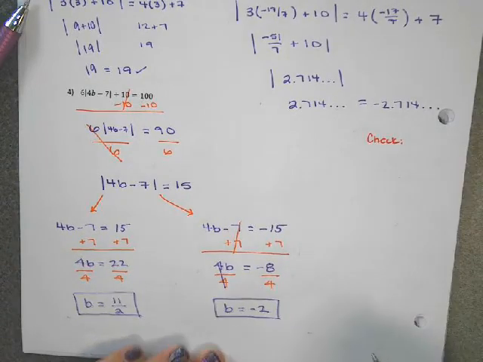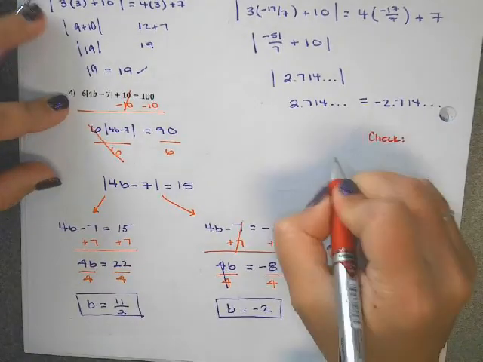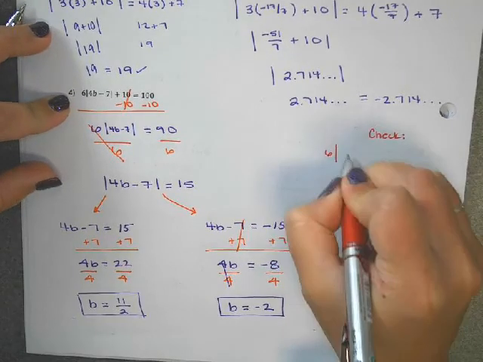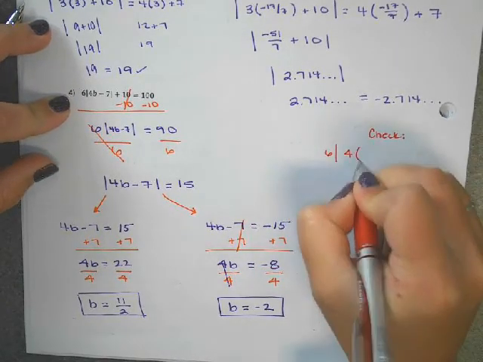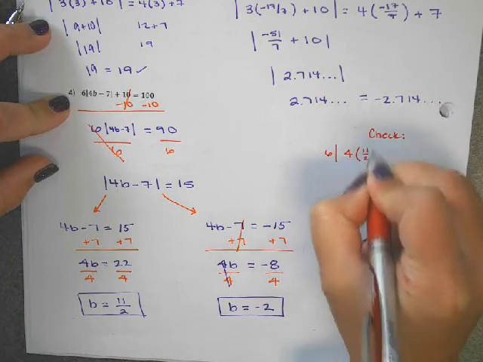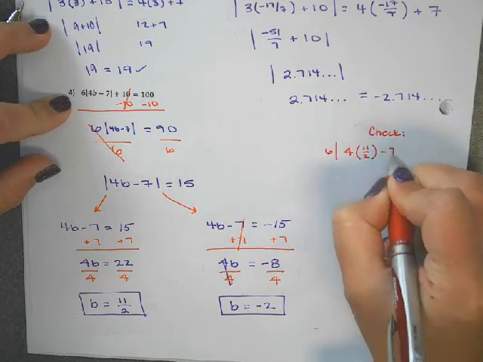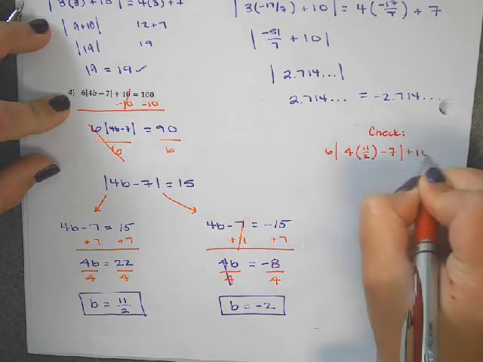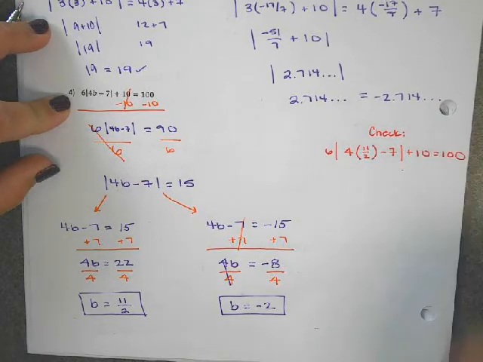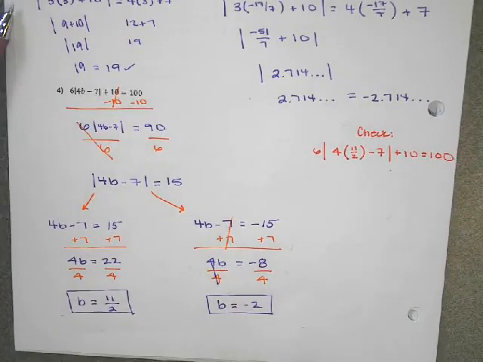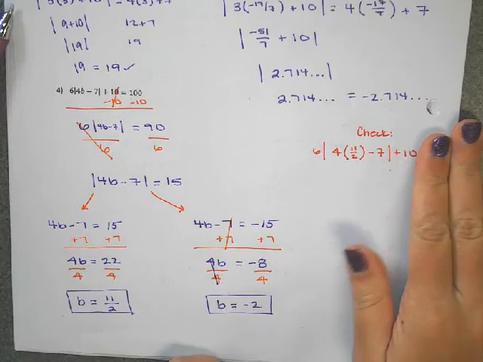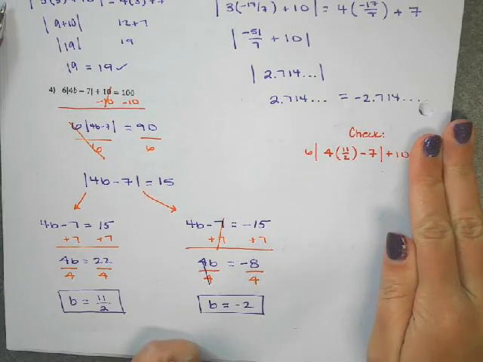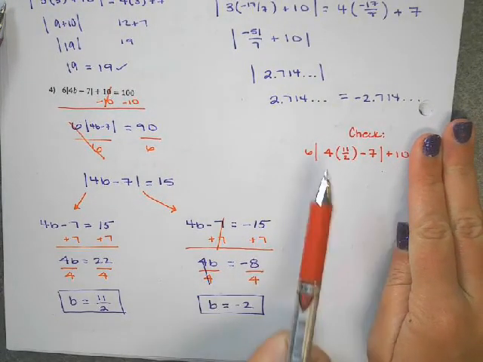So we're going to plug them into the original. So 6 times 4, our b value was either 11/2. We'll come back and do the other one in a minute. So remember, ignore the right side, and we're going to simplify the expression on the left. So we start inside the brackets.